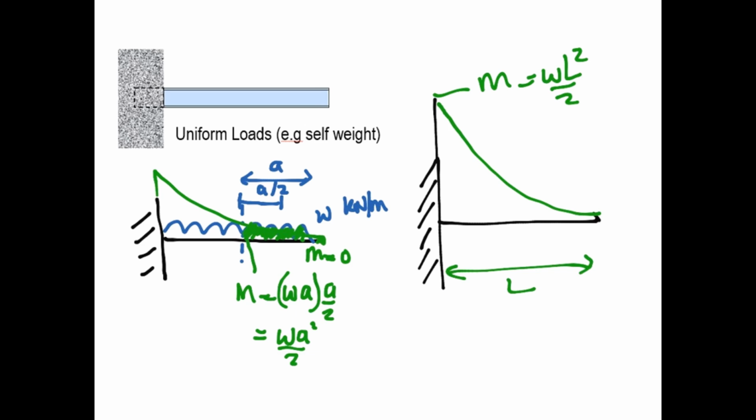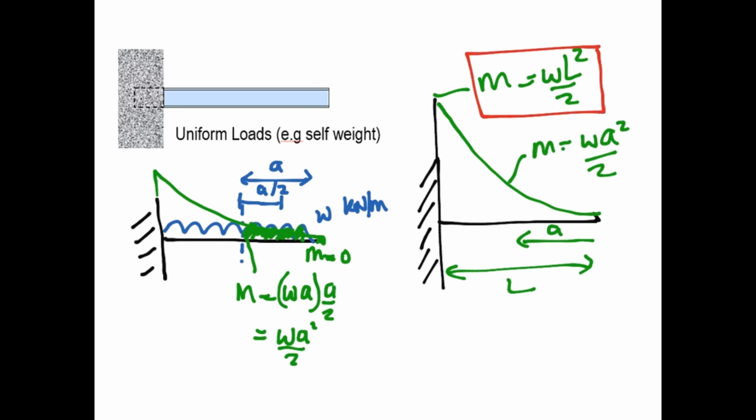And if you wanted to calculate the bending moment part way along it, then for example at a distance A from the tip, then the moment there will be equal to WA squared over 2. The bending moment of WL squared upon 2 is a very well used one that you should get used to.